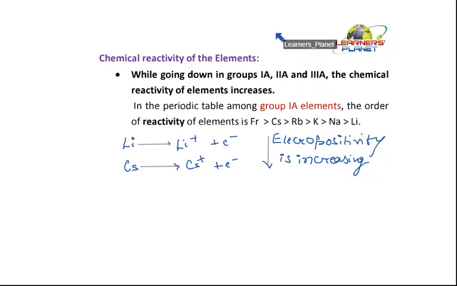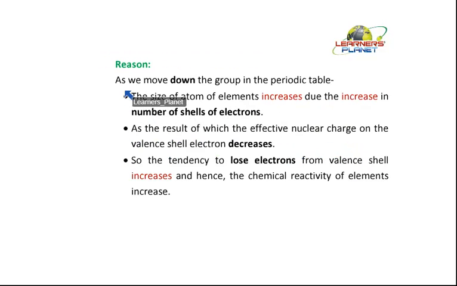Now let's see the reason behind this. As we move down the group in the periodic table, the size of the atom of elements increases. Why? Due to the increase in the number of shells of electrons. This we have discussed.